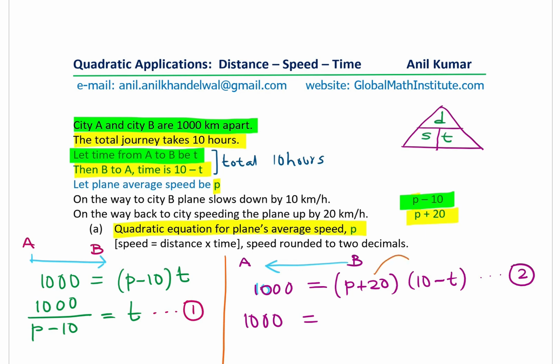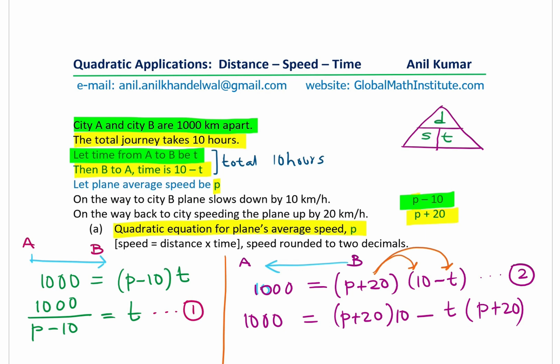That is, this term will get multiplied with both of them. So here we get p plus 20 times 10 minus t times p plus 20, right? So we just open this bracket. Is that clear to you?